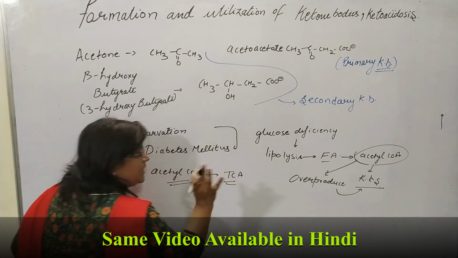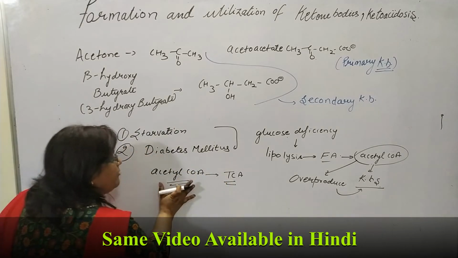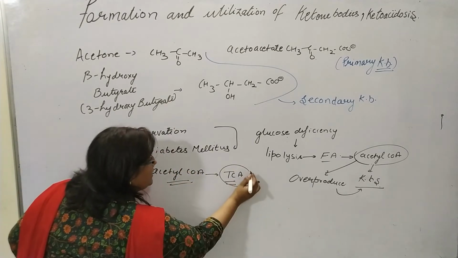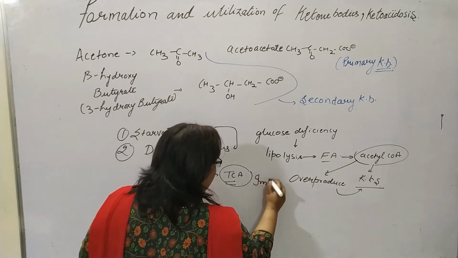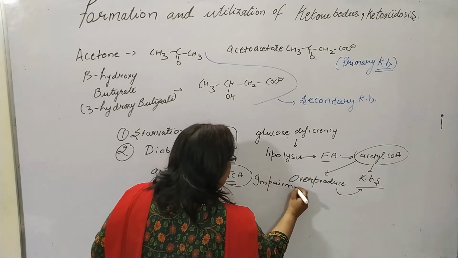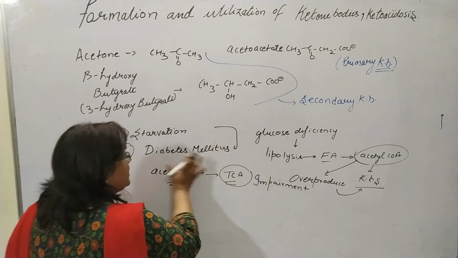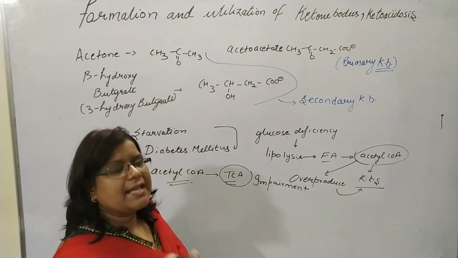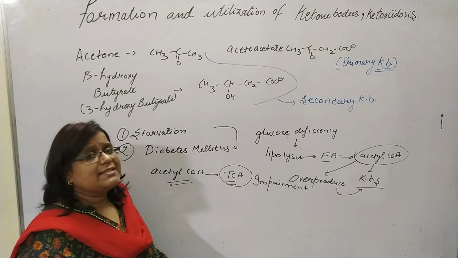It leads into the TCA cycle, but if it is overproduced, then TCA cycle impairment occurs. Why? Because the TCA cycle can't handle the overproduced acetyl coenzyme A.